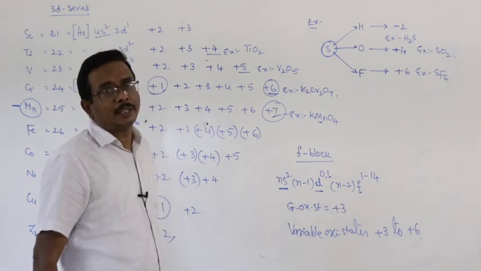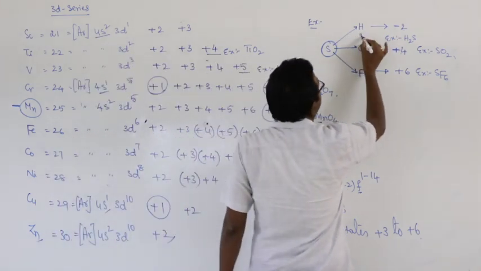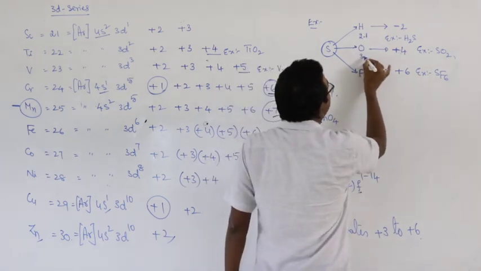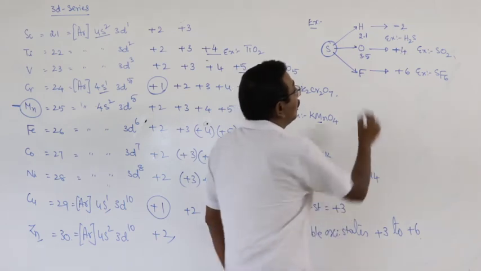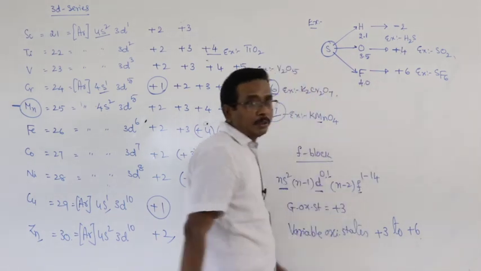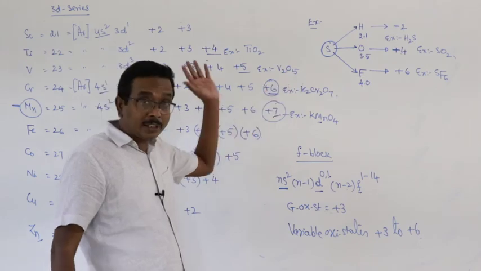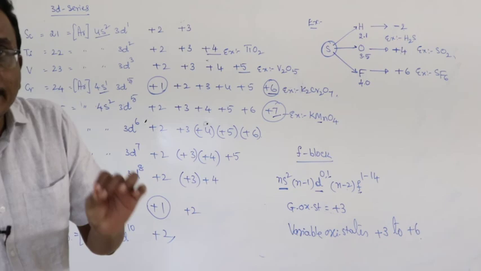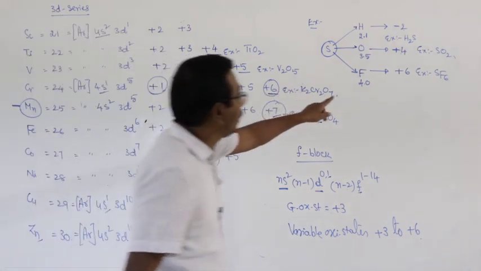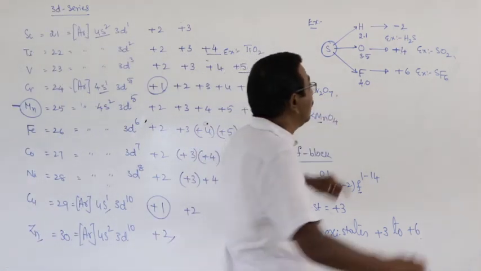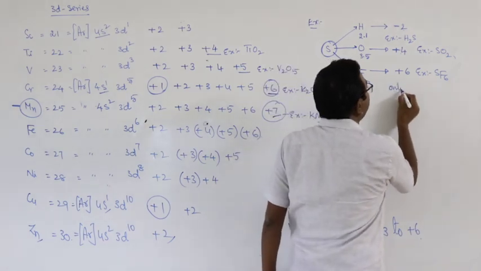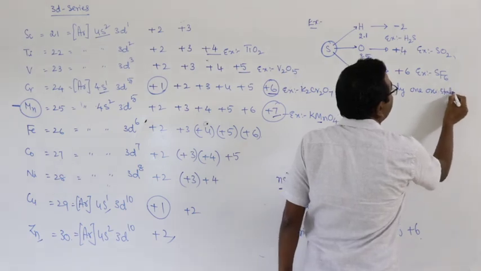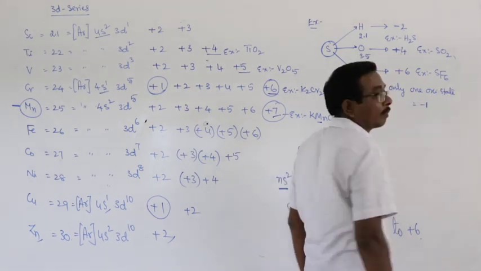Now we can make a statement. Hydrogen electronegativity 2.1. Oxygen electronegativity 3.5. Fluorine electronegativity 4. Do you remember, I already mentioned in the previous class, electronegativity. The most electronegative element in the periodic table is fluorine. As a result, in the combined state it exhibits only one oxidation state, that is -1.